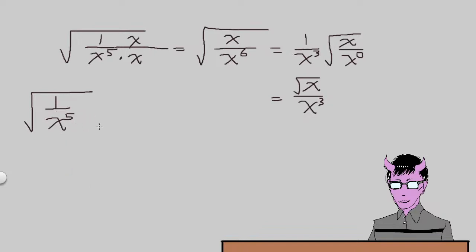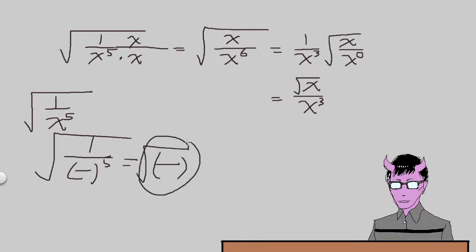So if it was a negative number, it will remain a negative number. 1 over a negative number will still get you a negative number. This one, red flag, if you haven't covered imaginary numbers, you would have to put not possible, undefined, or empty set, no real solution. Yeah, there you go. Empty set, no real solutions.